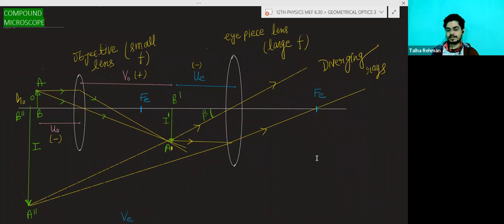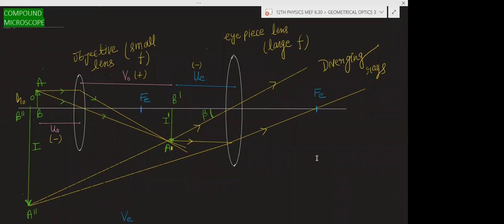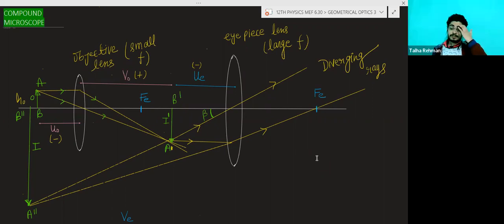And you can see, I told you in the beginning when the chapter was starting, sign convention will play a very important role. Now you can see again and again we are using sign convention. So remember the sign convention. If you are measuring the distance in the direction of the incident light, then that distance will be considered as positive in optics. I am not saying the distance can be positive or negative.